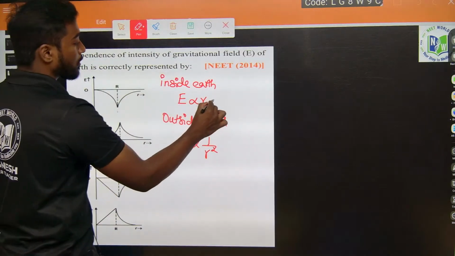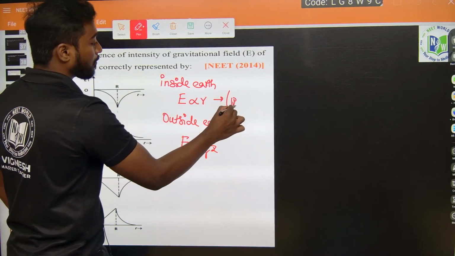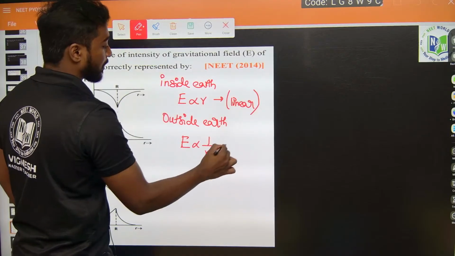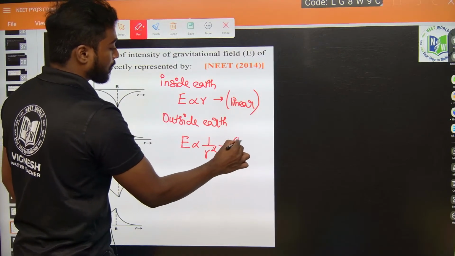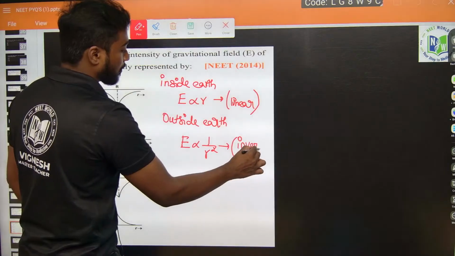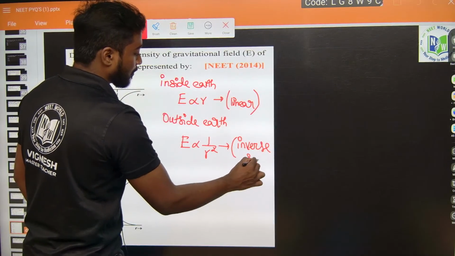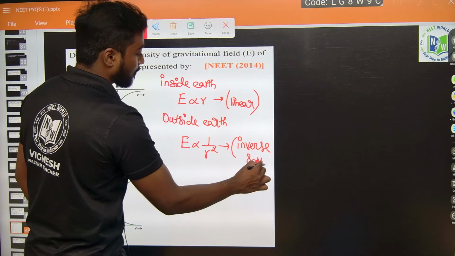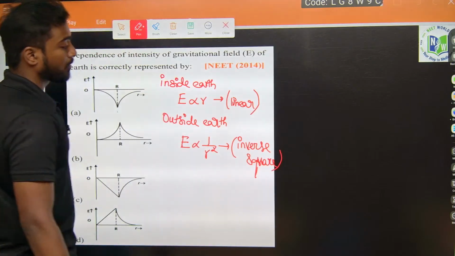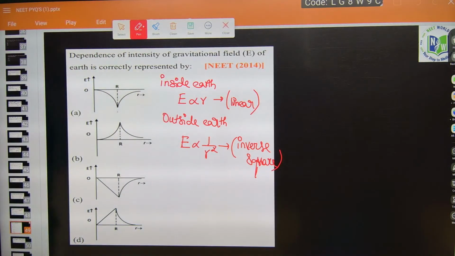So the first one is linear, the second one is inverse square. So one should be linear and one should be inverse square.